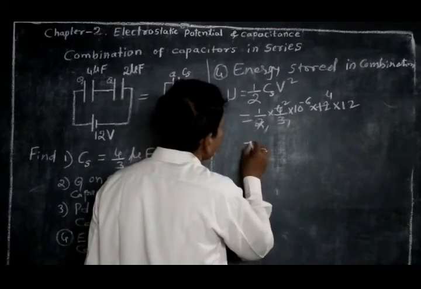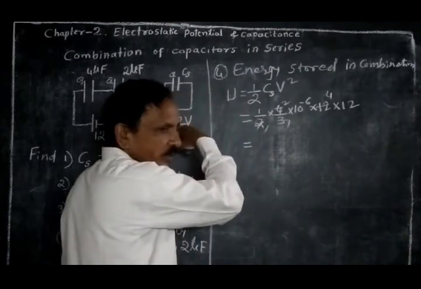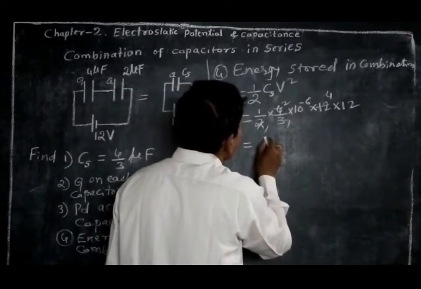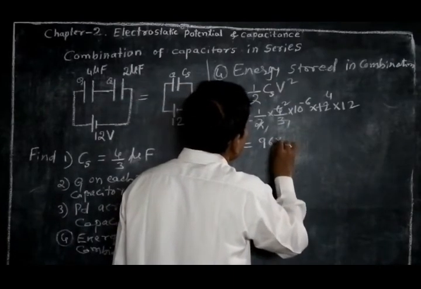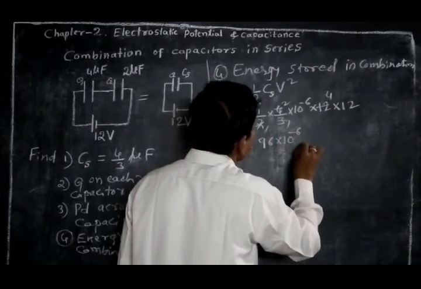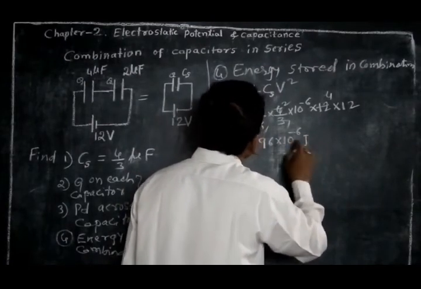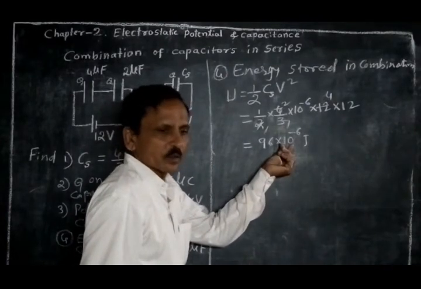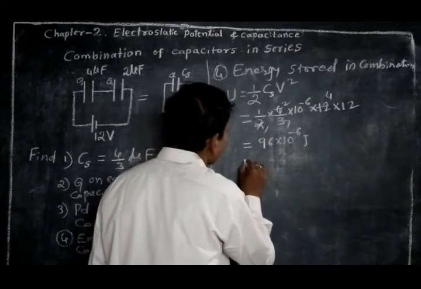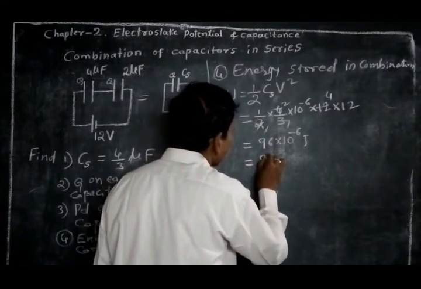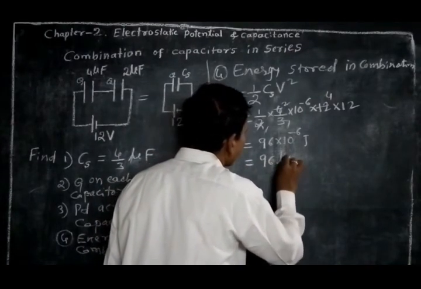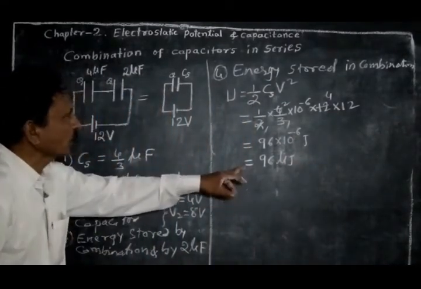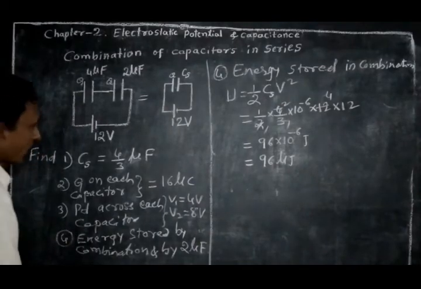Therefore, energy stored in the combination of capacitors is 96 into 10 raised to minus 6 joules. Unit of energy is joule. Here 10 raised to minus 6 is micro. Hence, energy stored by the combination of capacitors is 96 microjoule.